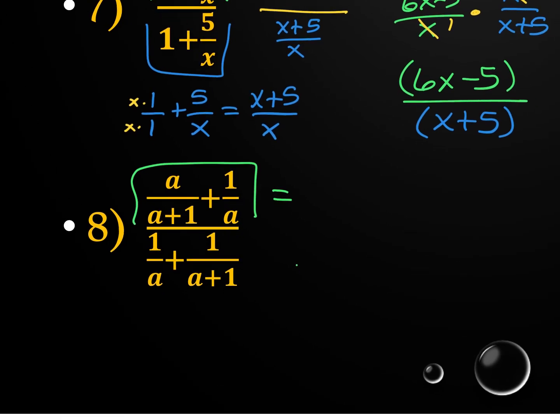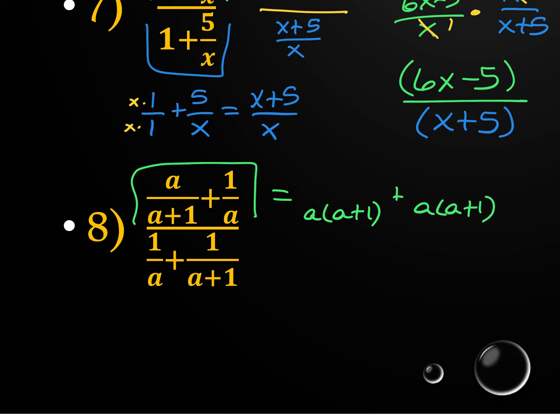So my common denominator is actually going to be a. So remember, don't be tempted to say, oh, I just need to put a plus 1 here. You can't do that. You have to remember that when you're finding a common denominator, you're multiplying to make that LCD. So my common denominator is going to be a times a plus 1.